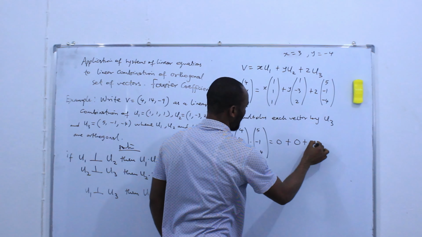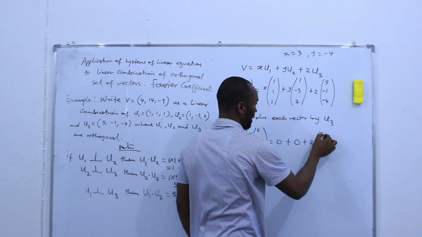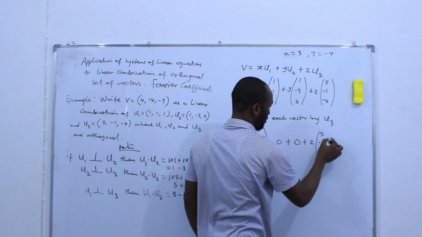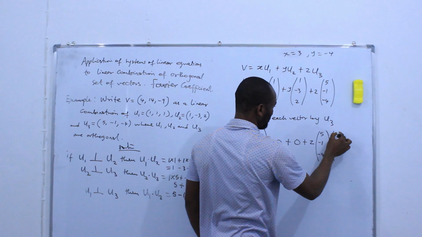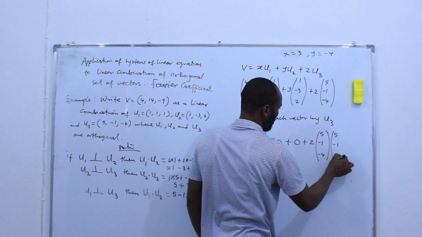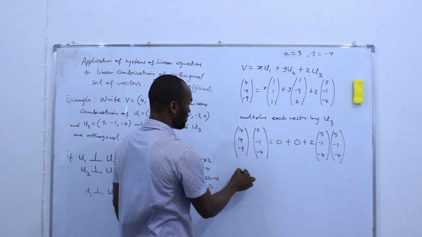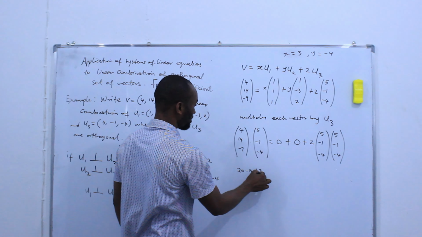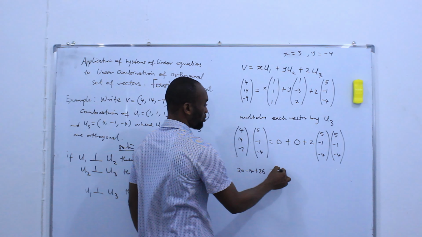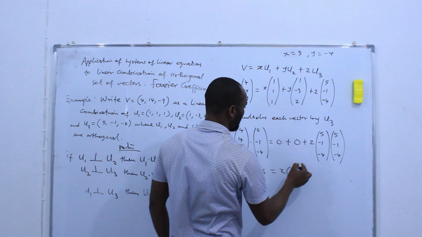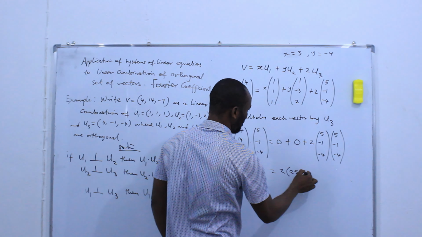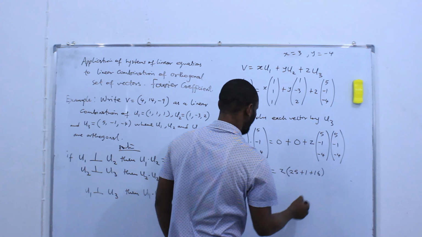And then you have z in brackets 5, minus 1, minus 4 dotted with itself. When we take the dot product here, we have 20 minus 14 plus 36 is equal to z brackets 25 plus 1 plus 16.